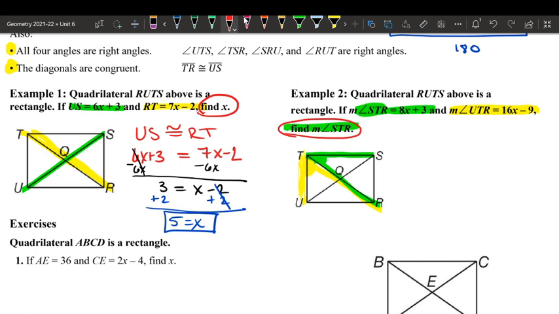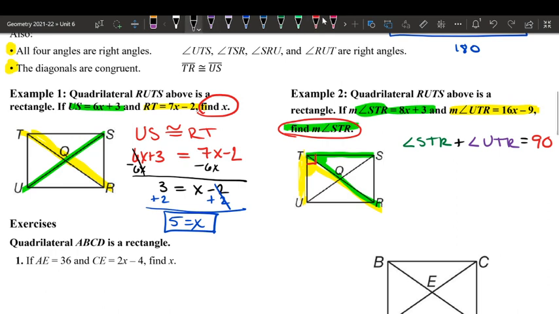Since together, the green angle and the yellow angle make up a corner of a rectangle, and I know all of the corners of the rectangle are 90 degrees, I could say that angle STR plus, let's use purple for this one, angle UTR is going to equal 90 degrees because it's a rectangle.